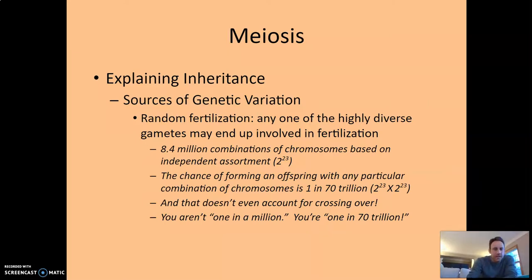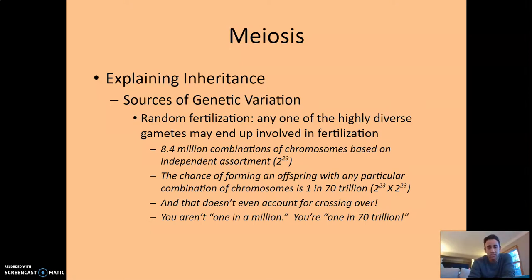Okay. Finally, random fertilization. So we've created tons of variable gametes as a result of these two different processes. And so then any one of these highly diverse gametes may actually end up being the one involved in fertilization. And so, some estimates here. There are about 8.4 million combinations of chromosomes based on independent assortment alone.